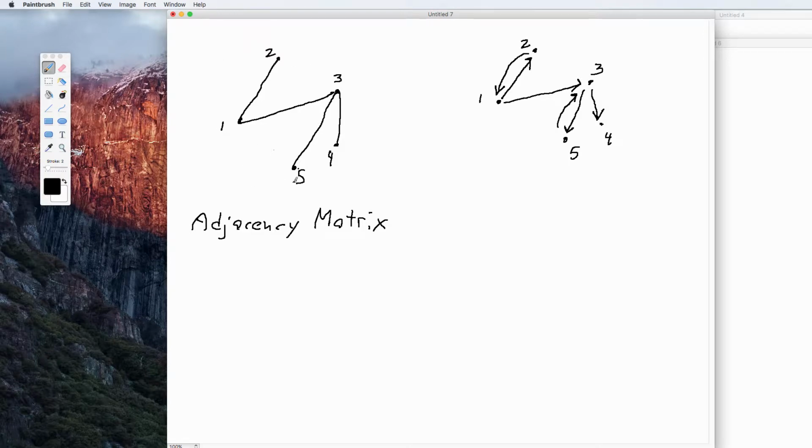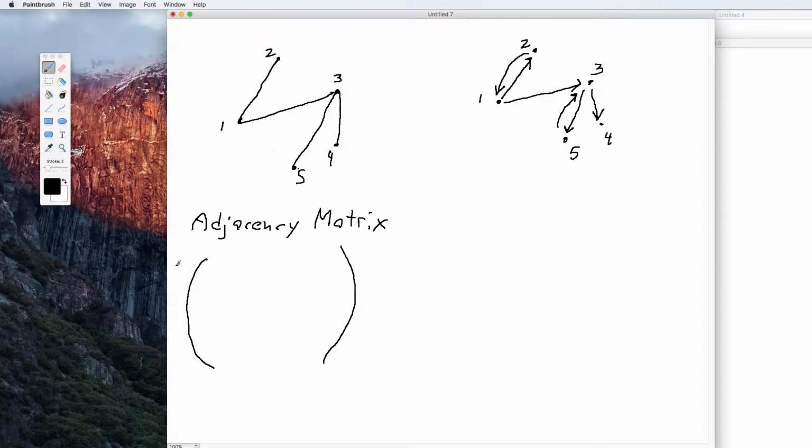First we'll look at the undirected graph, and we'll note that we have a graph that has 5 vertices in it. So what I'm going to do is create a 5 by 5 matrix. And in the ith row and jth column entry here, I will put a 1 if it's possible to go from i to j.